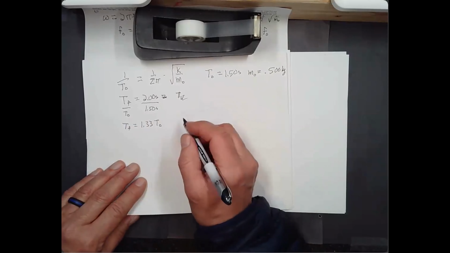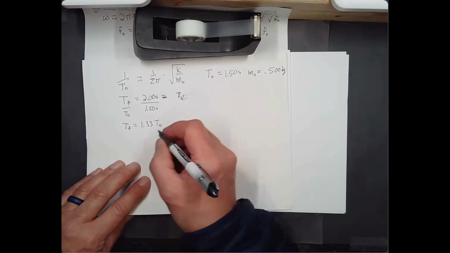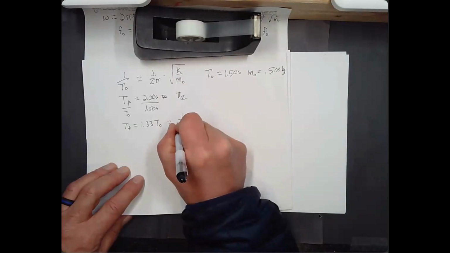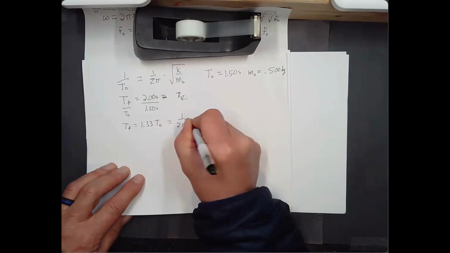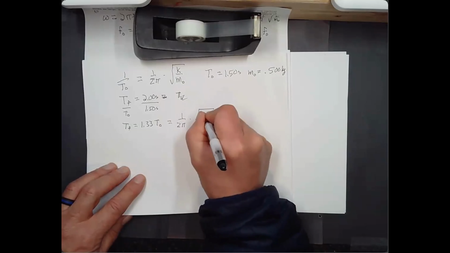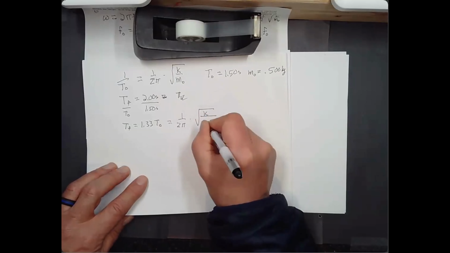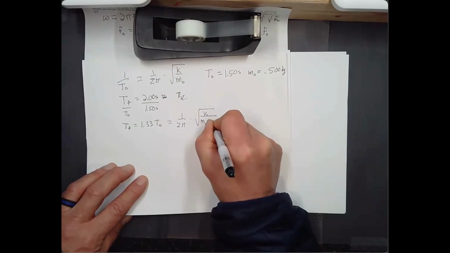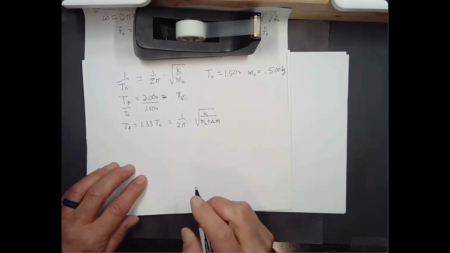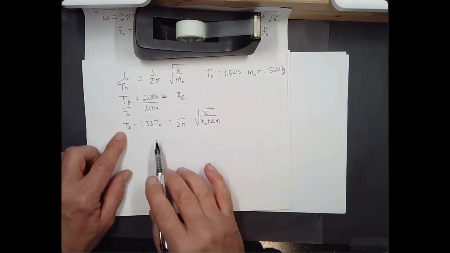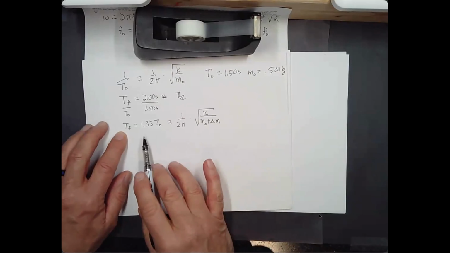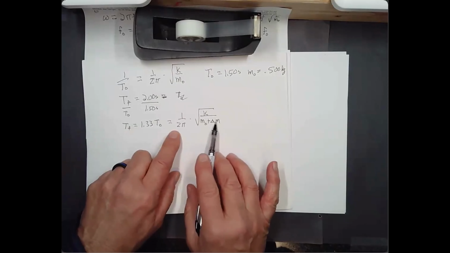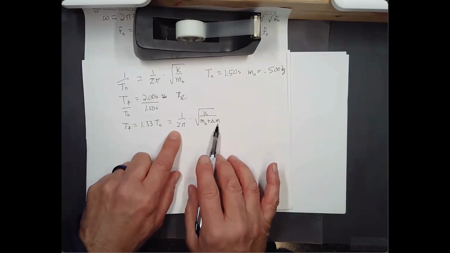Okay, now that T final is going to equal 1 over 2 pi times the square root of the same spring constant, divided by m naught plus delta m. Whoops, this isn't right. I have to flip this whole fraction upside down.